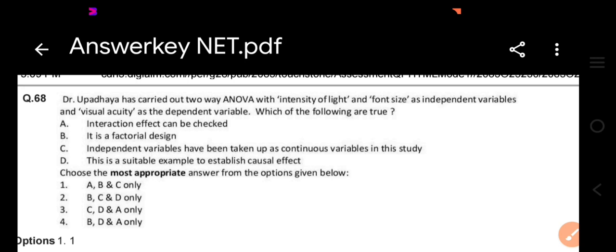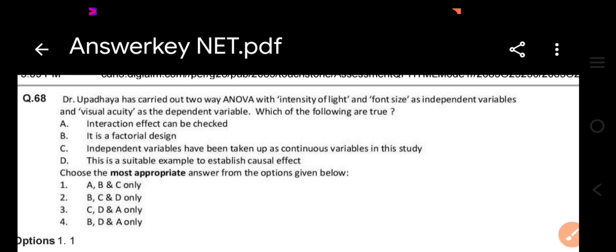Which of the following are true? Based on this design, we have to say these things. The interaction effect can be checked here because it is a two-way ANOVA.